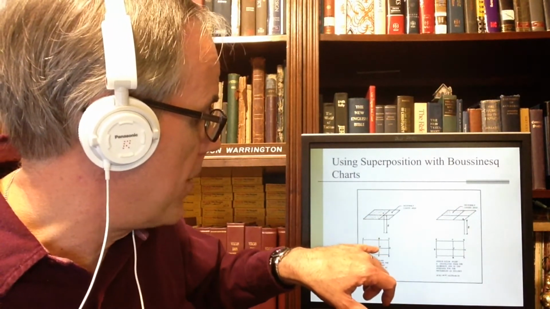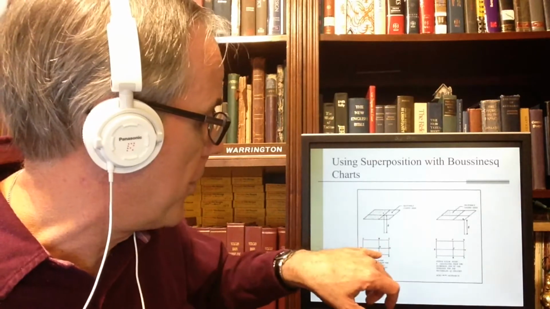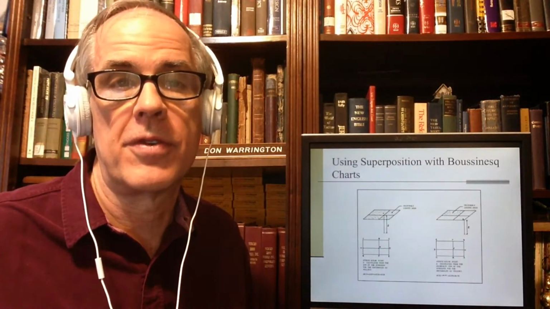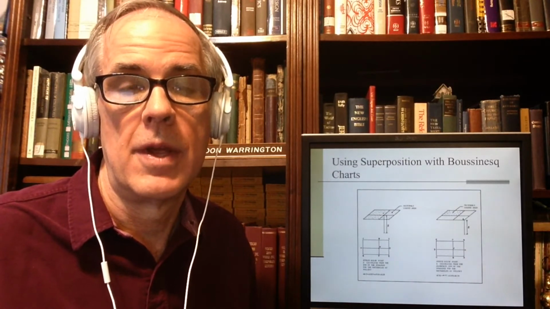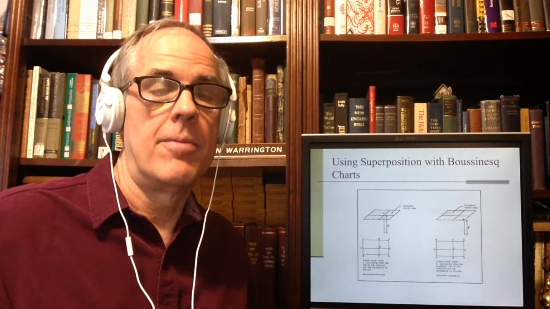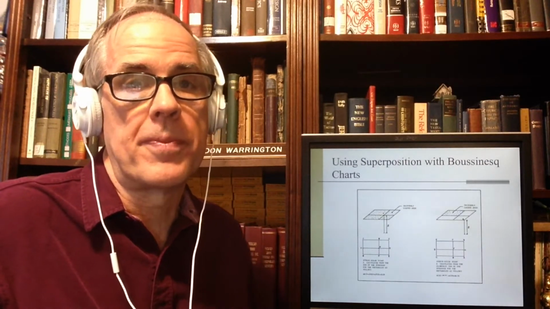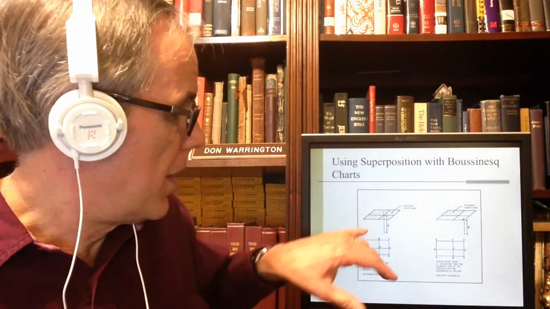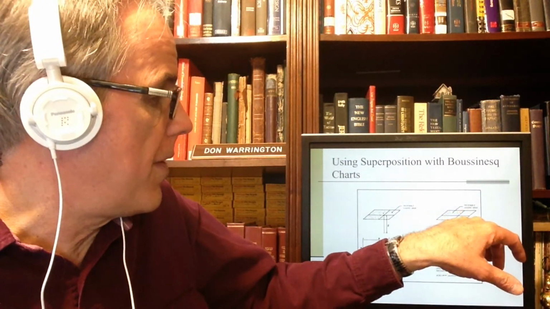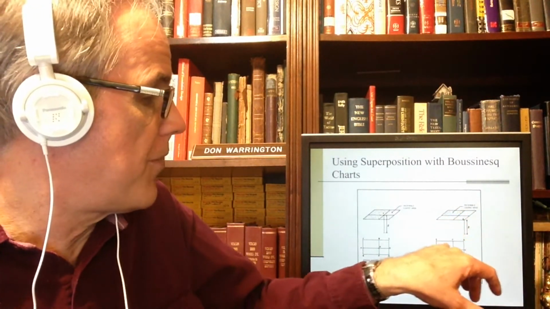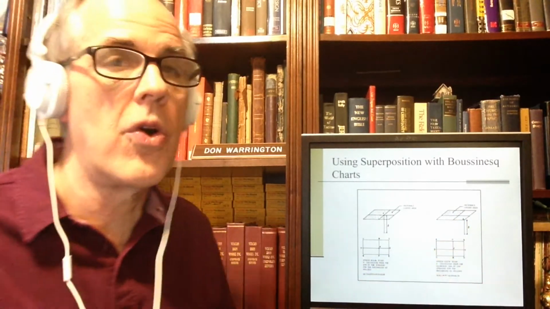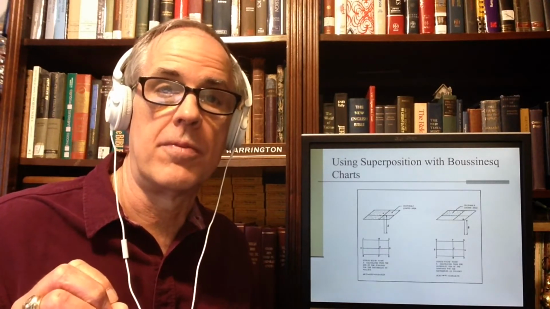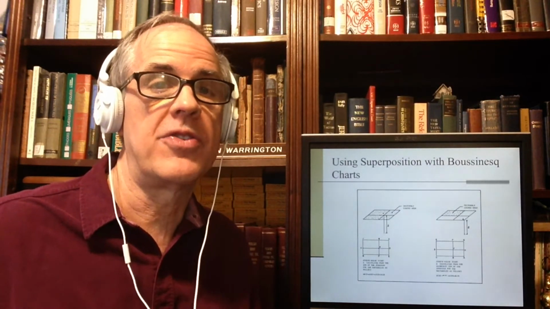If this A were in the middle and all 4 of these rectangles were the same, I would get the center stress, depending upon how deep I went. But one of the things you can do with rectangle loads is use superposition to determine a load away from there, if you've got a funny thing with a corner, or if you've got a situation where you've got 2 different uniform loads. You can also do it that way. And we're going to see that.